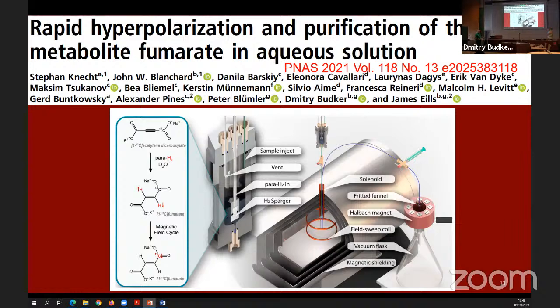And the problem with this now is that you have the very highly polarized molecule that you want, but there's also a lot of junk. It's a very prosaic problem. There is a residual catalyst that you use for the reaction and some unwanted byproducts of the reaction. And so a postdoc in our group, James Eills, brought some expertise that he gained as a graduate student at Southampton.